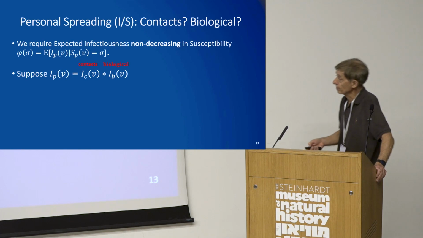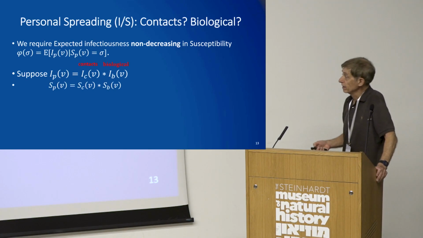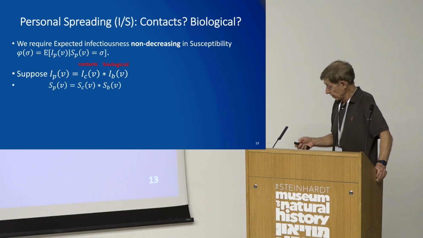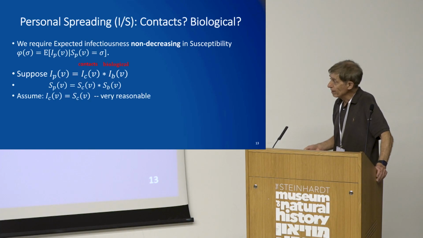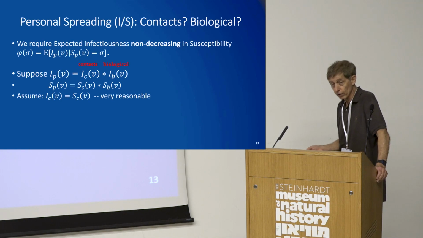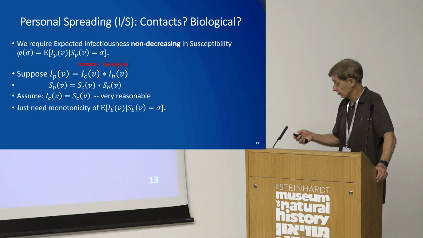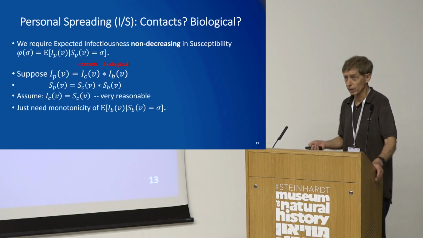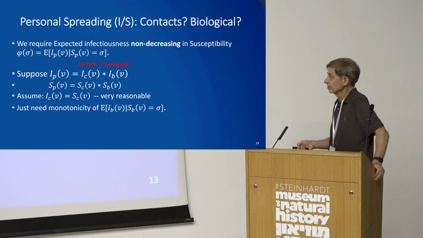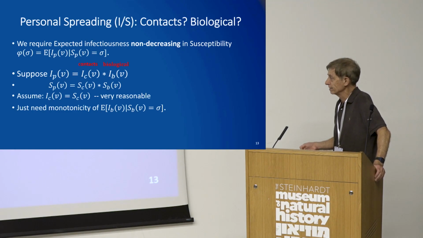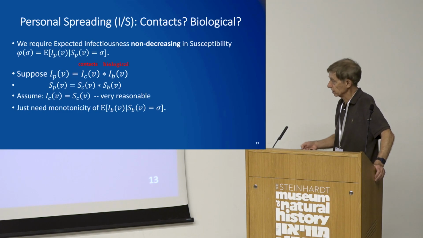And if this is what you have, then we may assume that the number of contacts is equal for infectiousness and susceptibility, and we only require monotonicity on the biological term, which I think is quite reasonable under wide assumptions. I'll be glad to ask biologists whether they think this is right.